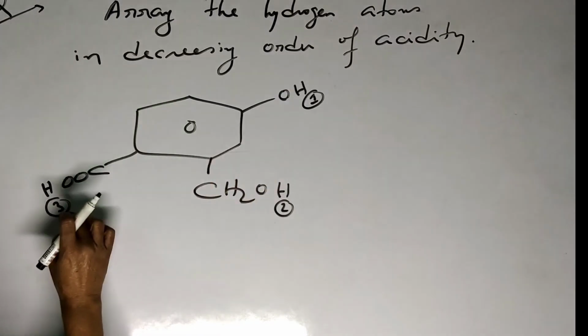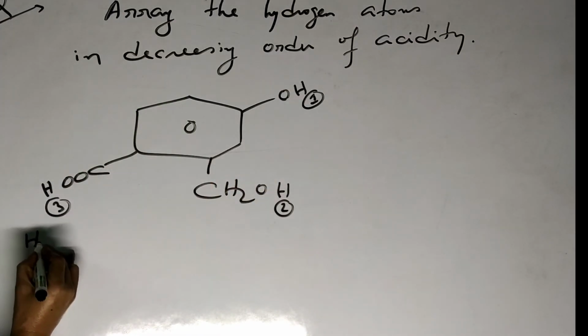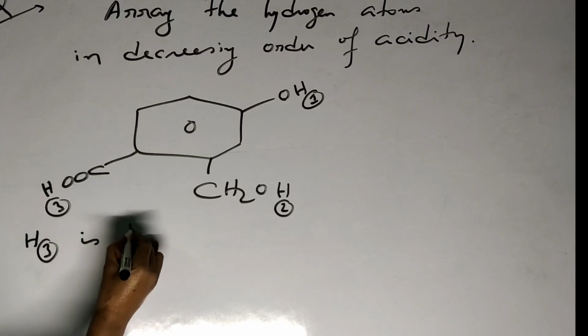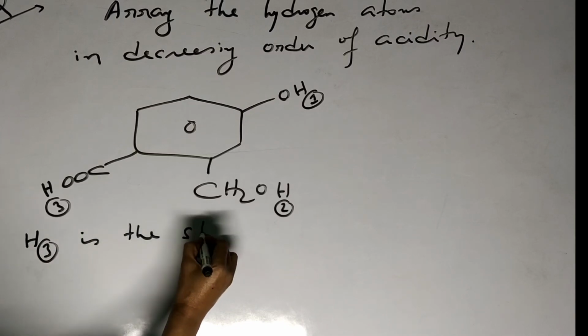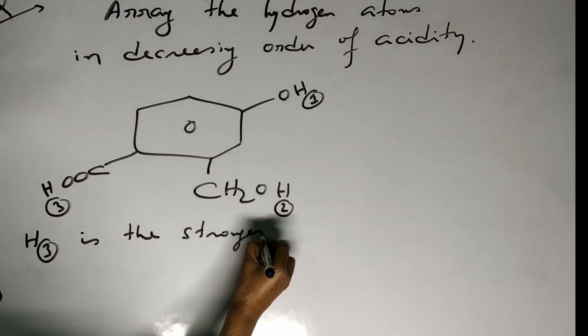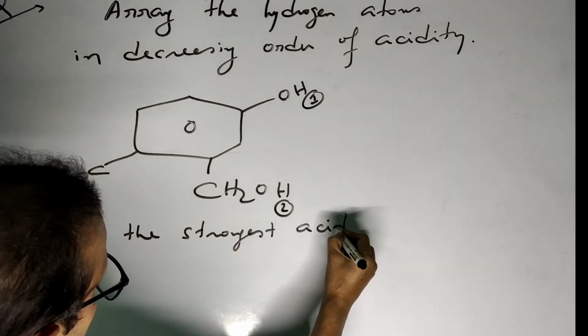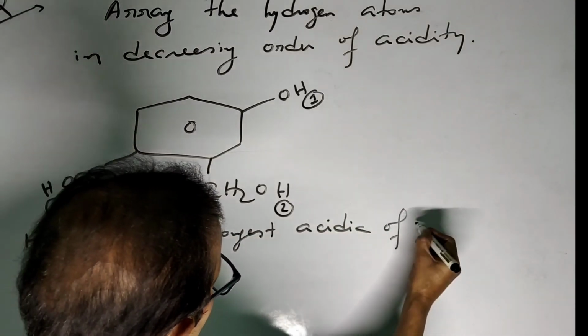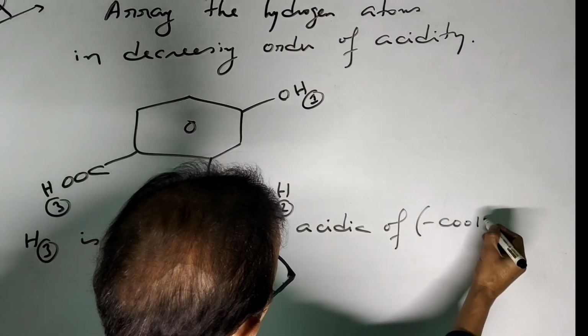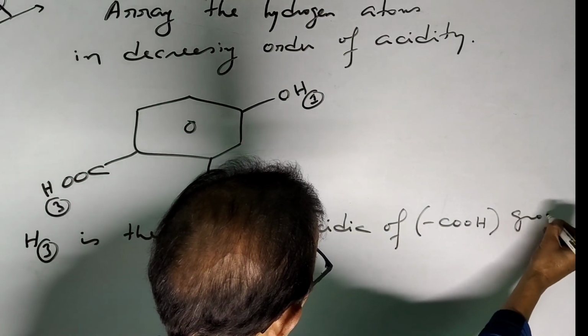Between the two, hydrogen 3 is the strongest acidic of COOH group.